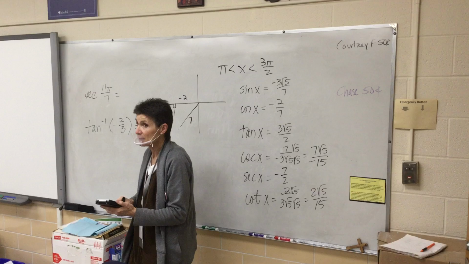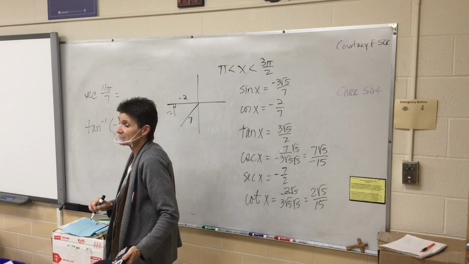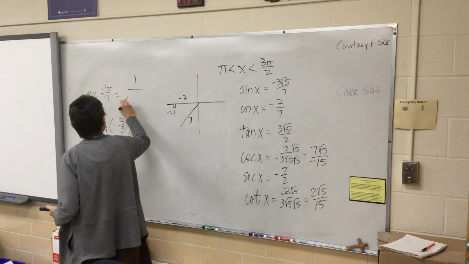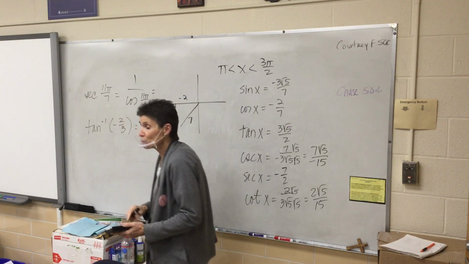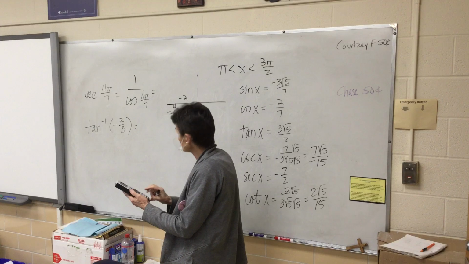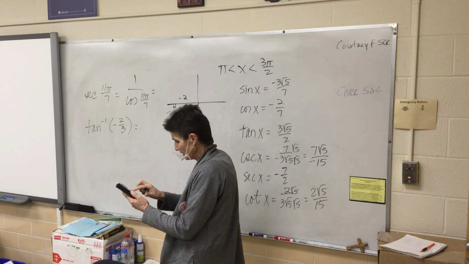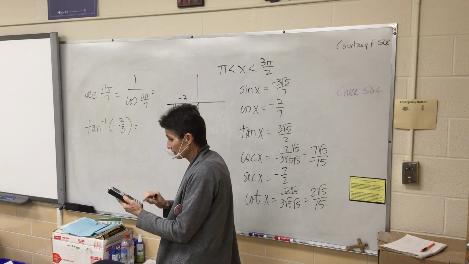And then how do I type a secant into my calculator? What is secant? 1 over cosine. So I'm going to type 1 over cosine 11 pi over 7. Good. Make sure you are in radians though. So 1 divided by cosine, 11 pi divided by 7.